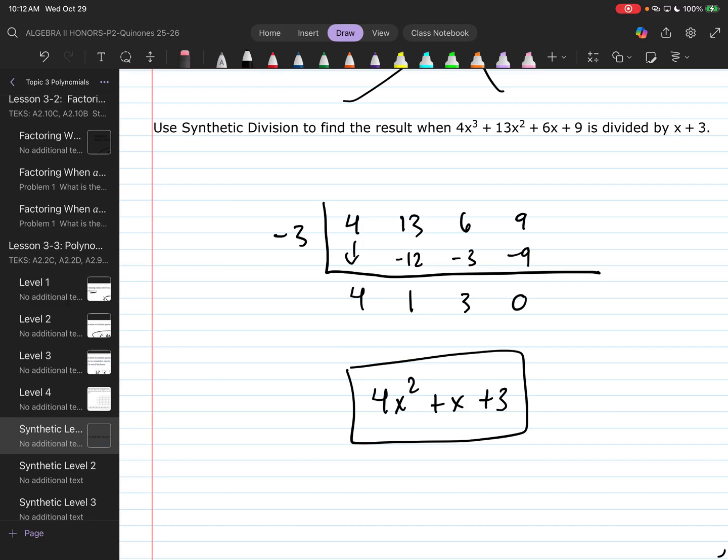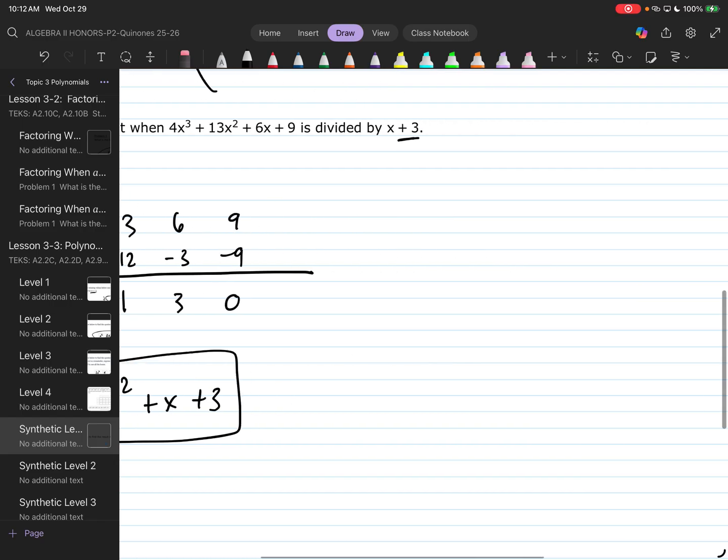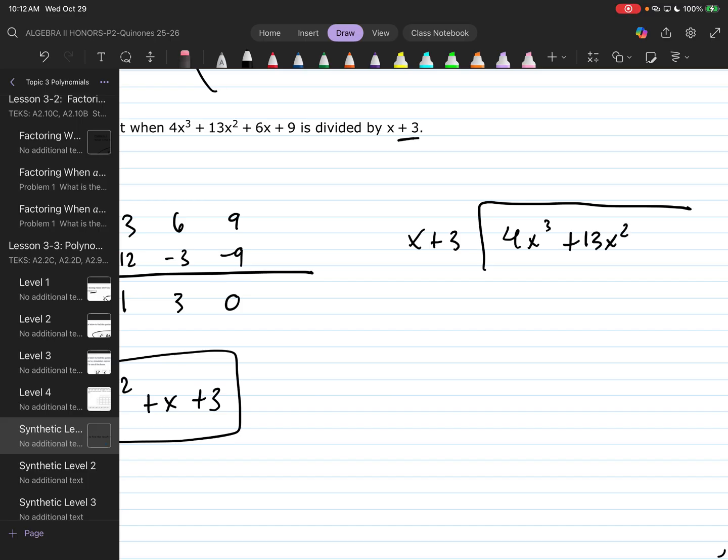So like, we just always, why do we have to do the inverse? Ask yourself, what times x gives me 4x cubed? 4x squared, right? And then what happens is that we subtract, right?